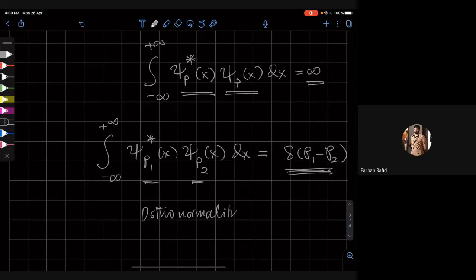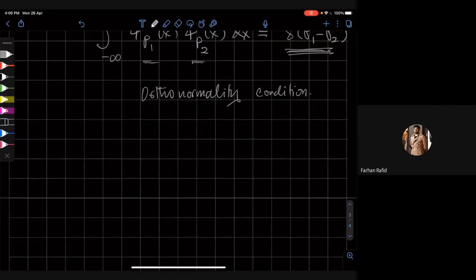What this condition is doing is generalizing the case for the finite dimension.